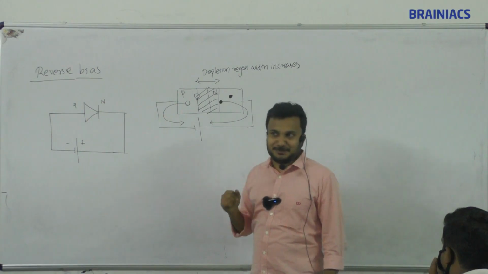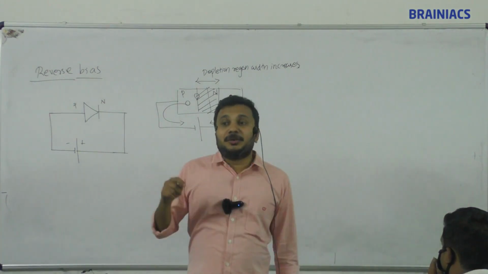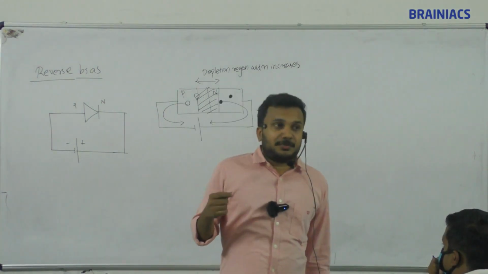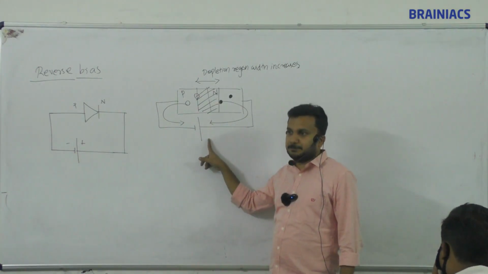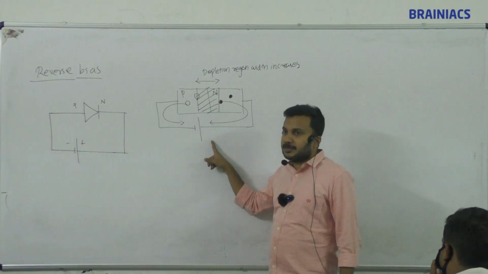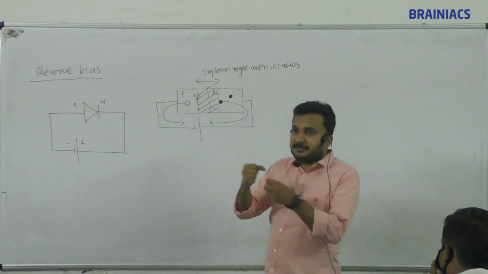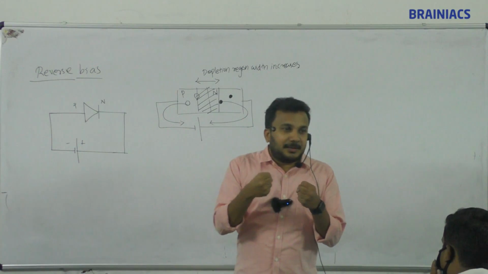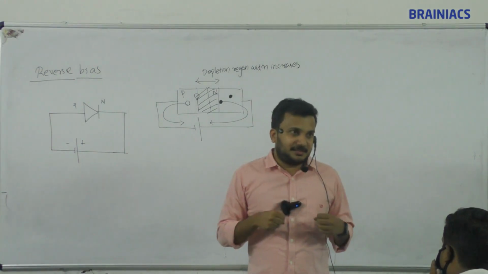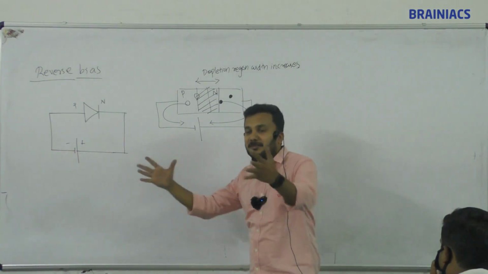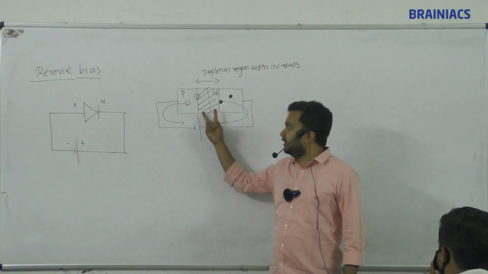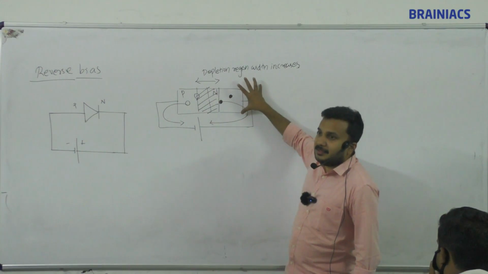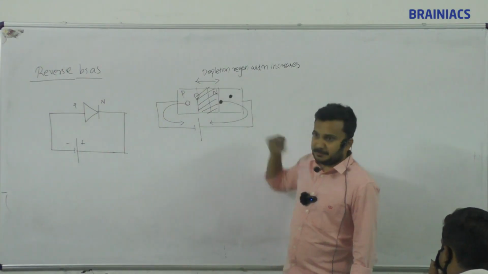It will never stop, in the sense that if you are increasing the reverse voltage, accordingly the depletion region will increase. What is the extreme case? This depletion region will fully occupy the complete diode area.